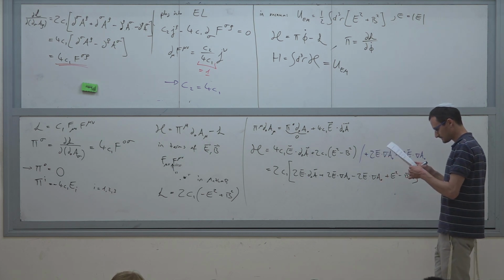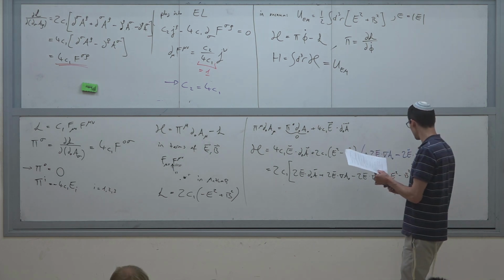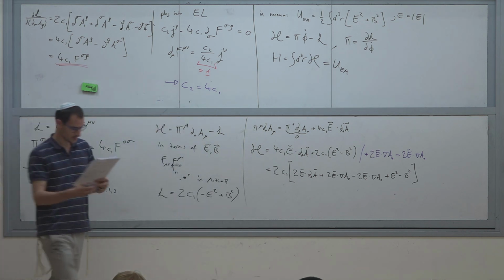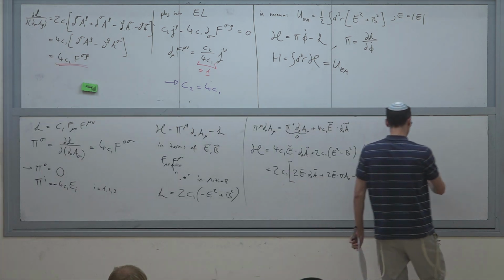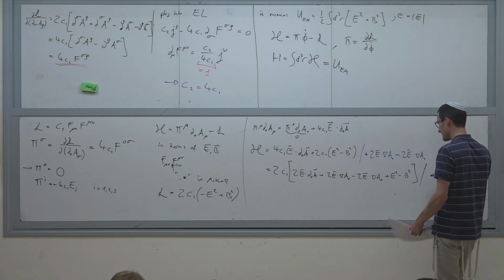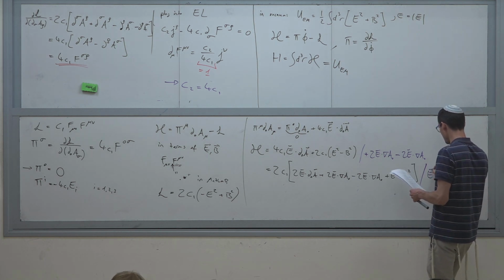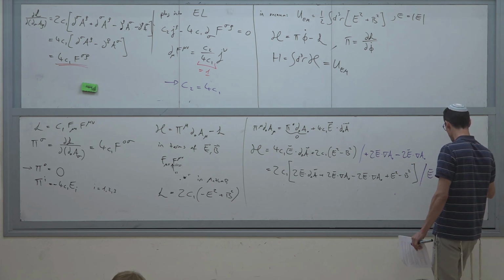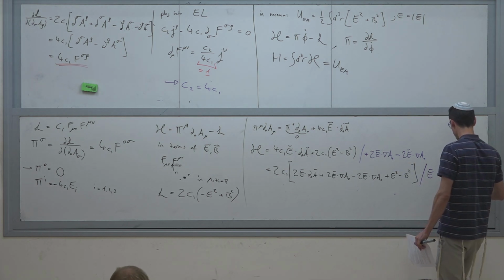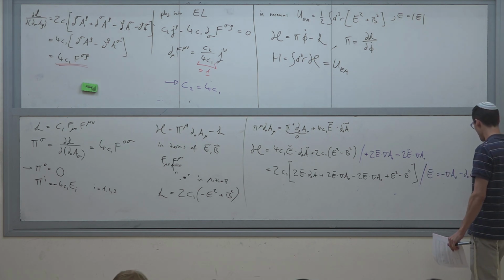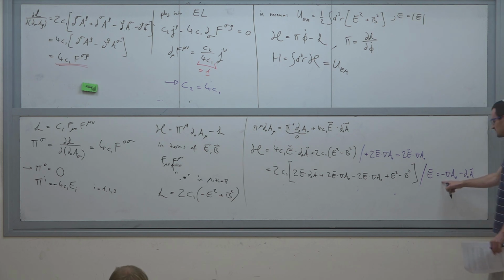Okay, that's nice. Now we can use the definition of the electric field, namely that it's the spatial derivative of A0 and the temporal derivative of A. So the electric field is equal to minus the gradient of A0 minus ∂_0 A. This is well known.